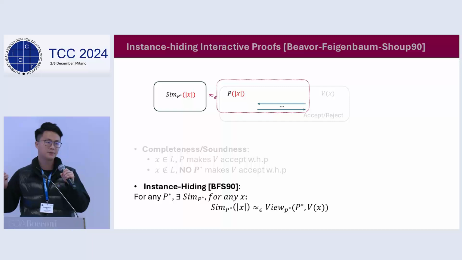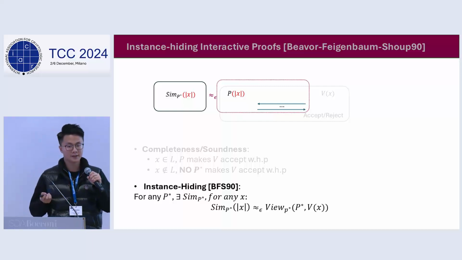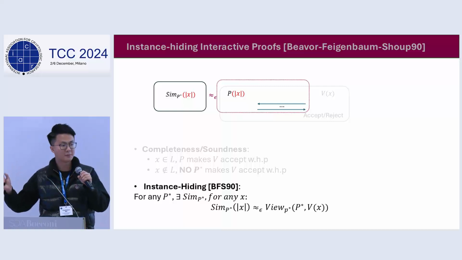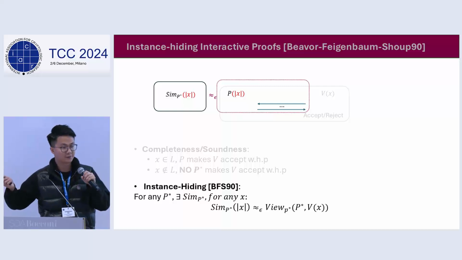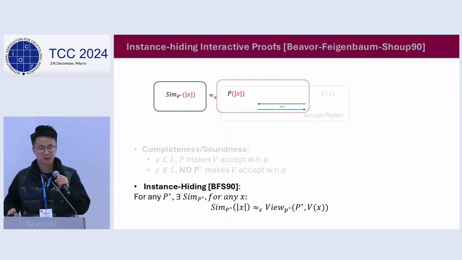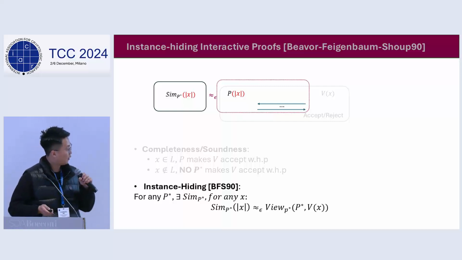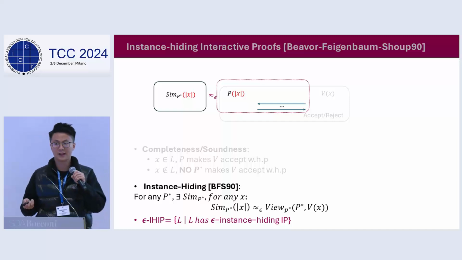This means for any prover, there exists a simulator such that for any instance, the simulator only takes the length of the input, and the simulator distribution is epsilon close to the prover's view in the protocol on that instance. Here, the simulator may not even be efficient. We denote by HIP the class of languages that have such an instance-hiding interactive proof.